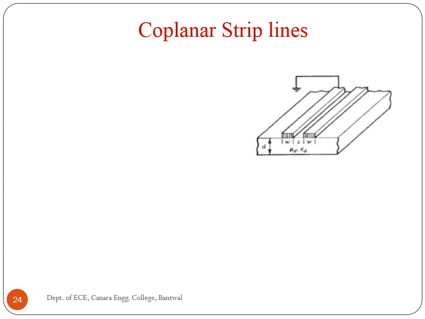The characteristic impedance of coplanar strip line is equal to 2 into average power divided by total peak current.